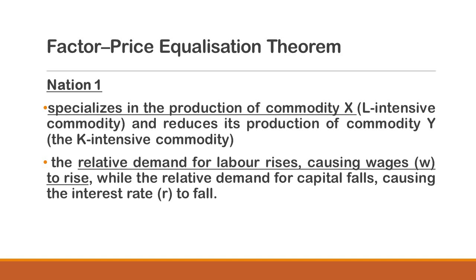With the increase in demand for commodity X, demand for labor also increases, and there is a reduction in the demand for commodity Y. Then the relative price of labor rises, causing wages to rise, while the relative demand for capital falls, causing the interest rate to fall.